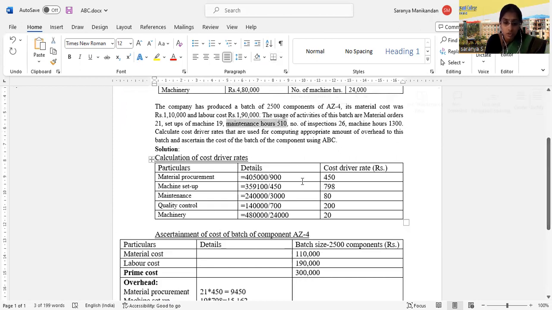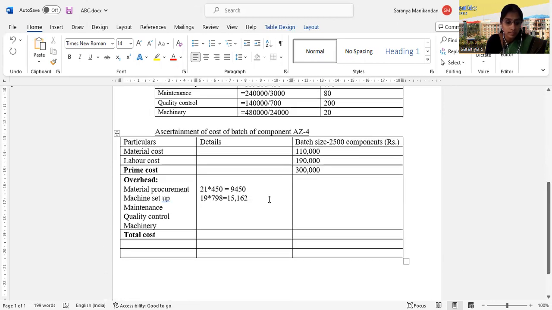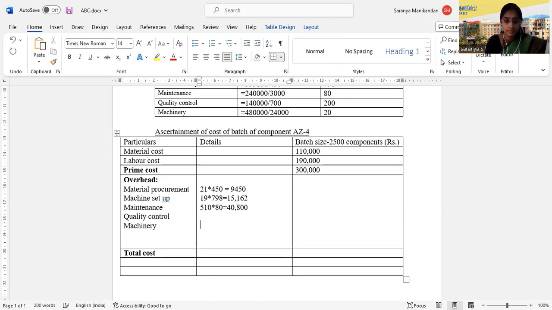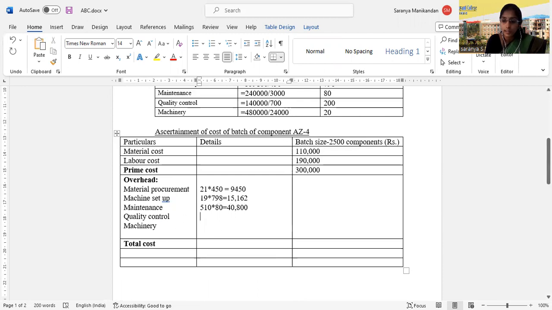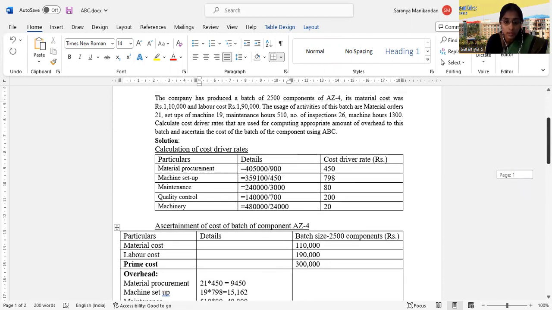For maintenance, the usage of the activity, maintenance hours, is 510. So 510 into the cost driver rate of maintenance as per calculation, 80. So 510 into 80, we will get 40,800. Then the fourth item is quality control, which is nothing but inspection. The number of inspections is 26.